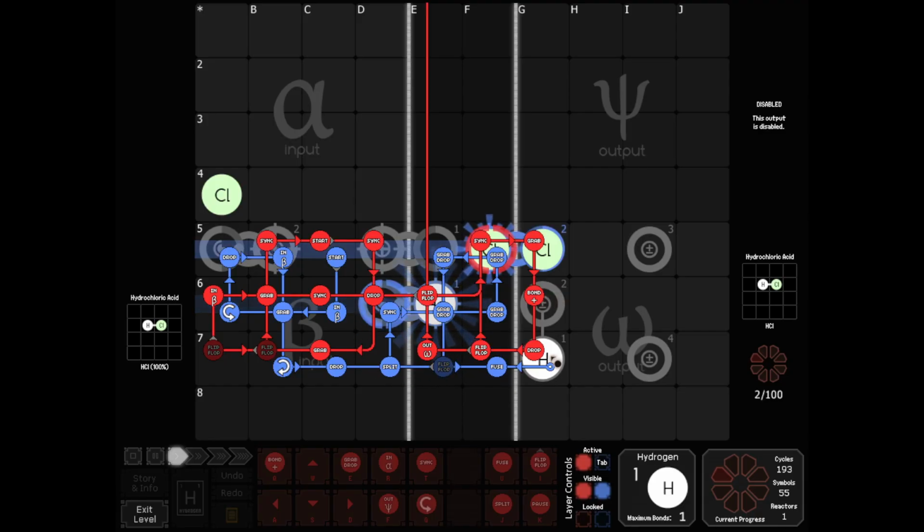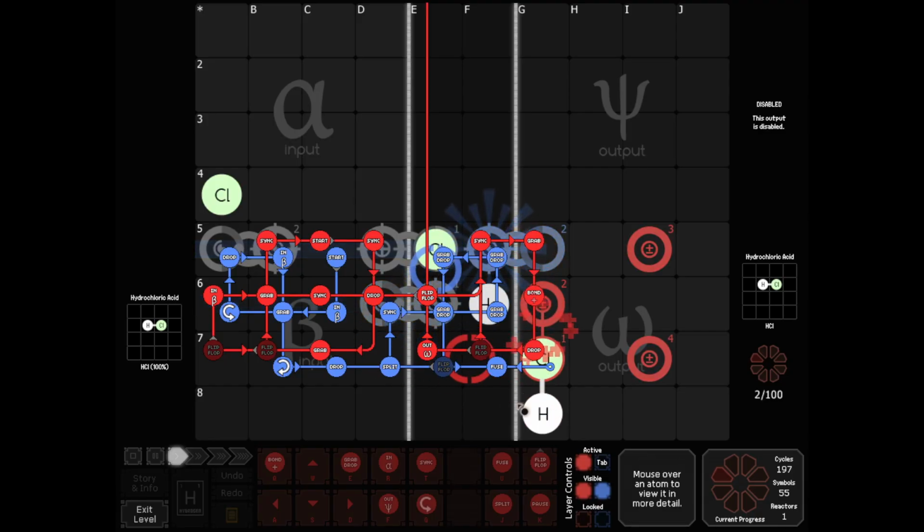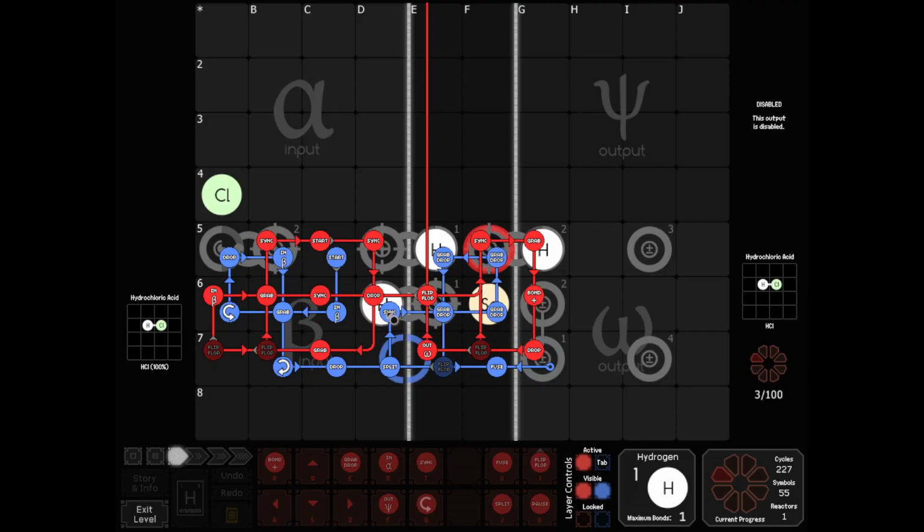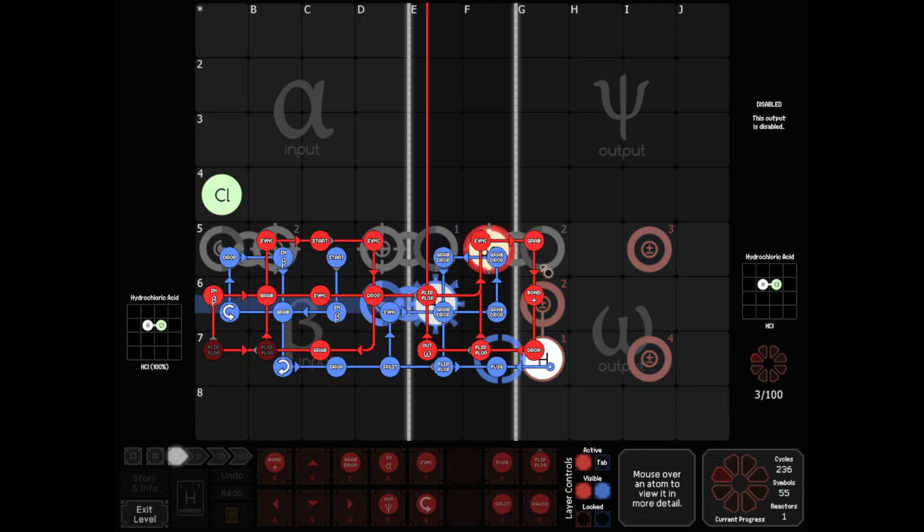Yeah, so blue is just going through this loop all the time, which advances these atoms by one spot counterclockwise right there, then hits the fuse command twice, hits the split command and a sync. And red does all the other things.